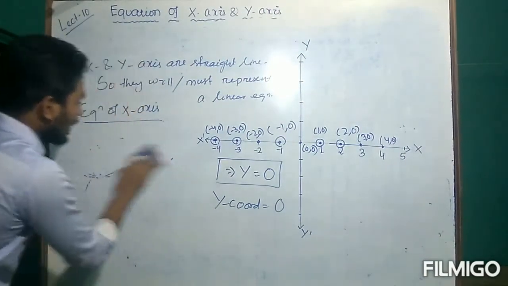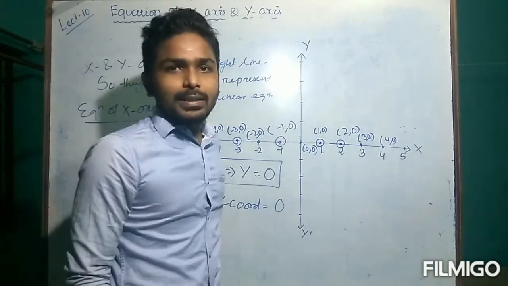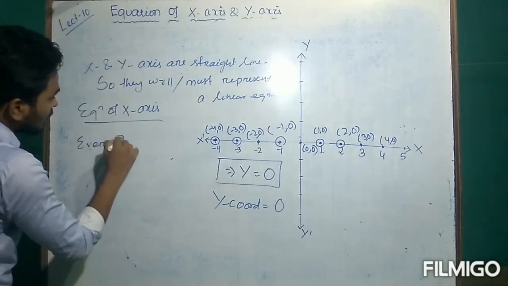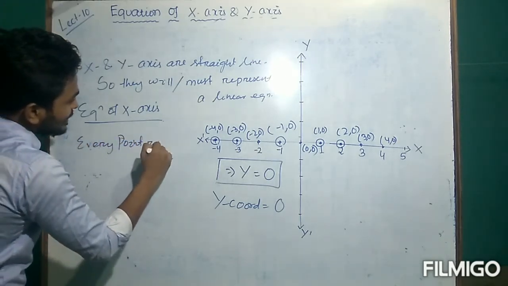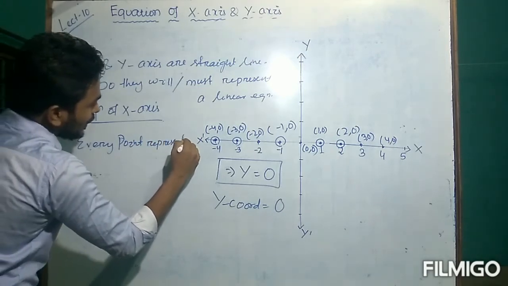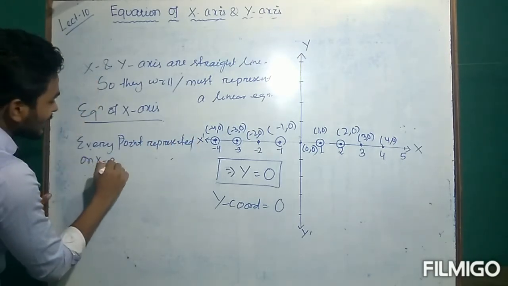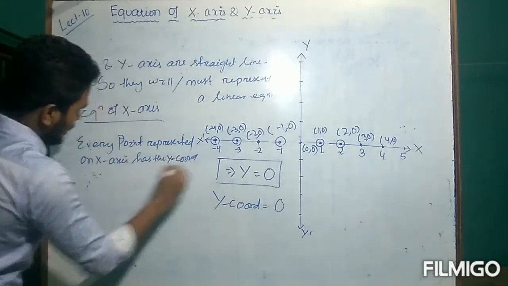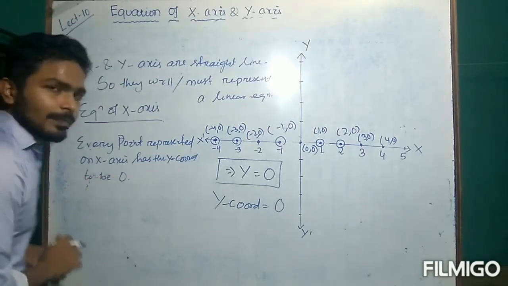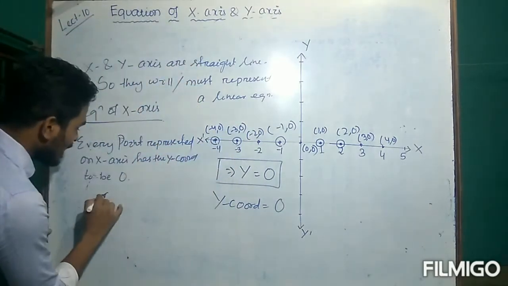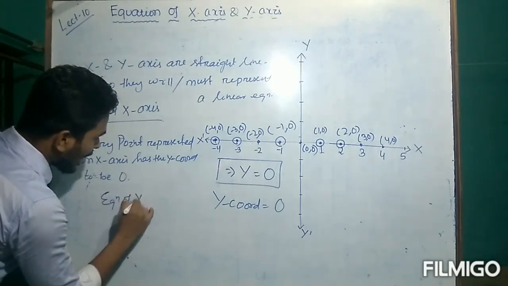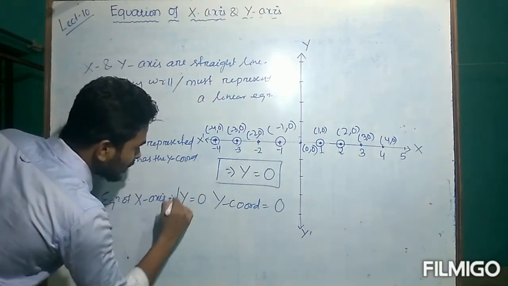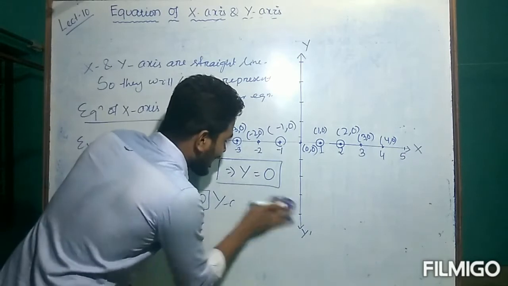Because every point represented on the x-axis has the y coordinate 0. That's why the equation of the x-axis is y is equal to 0.